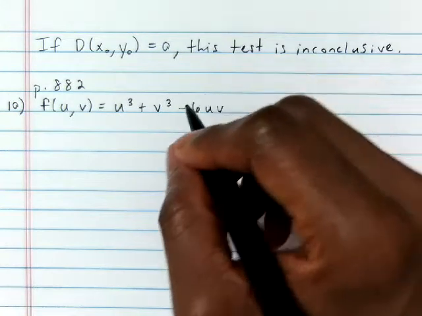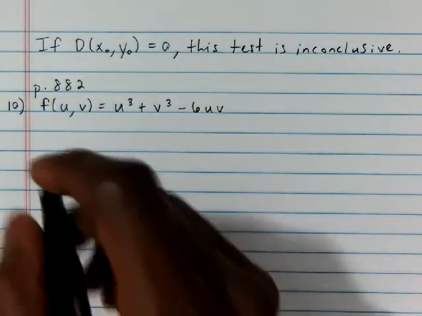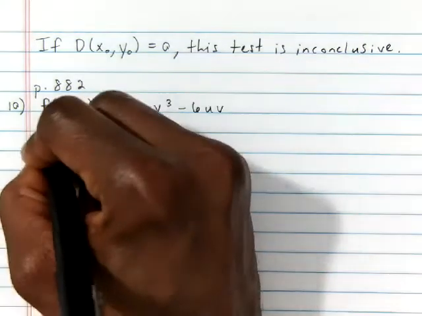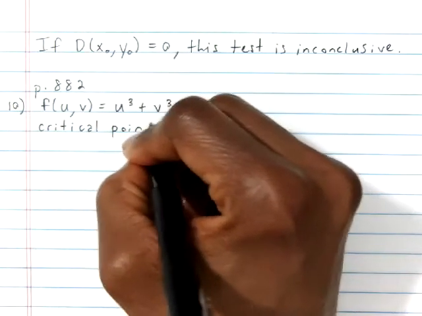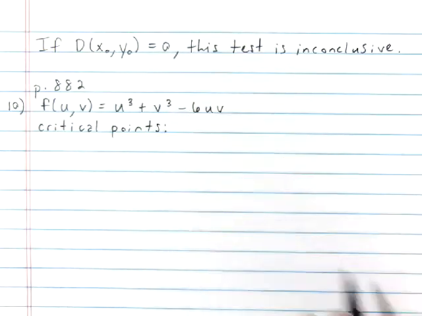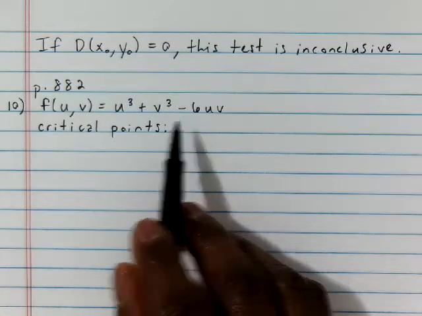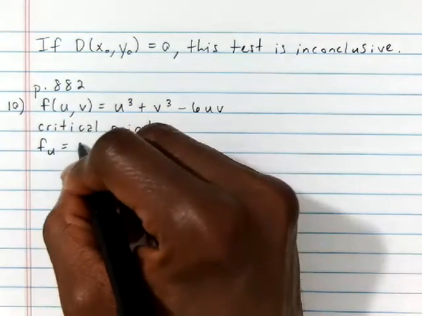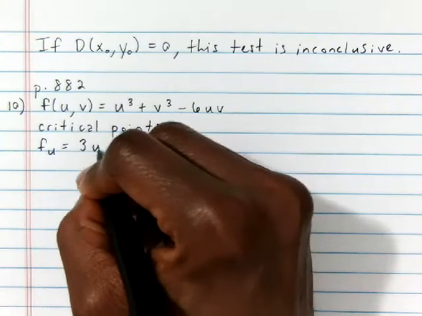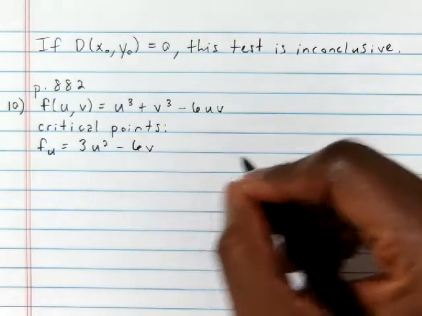All right, so the first step is to find our critical points. And finding your critical points means first you have to find your partials. So your first partial, f sub u, is going to be equal to 3u squared minus 6v.